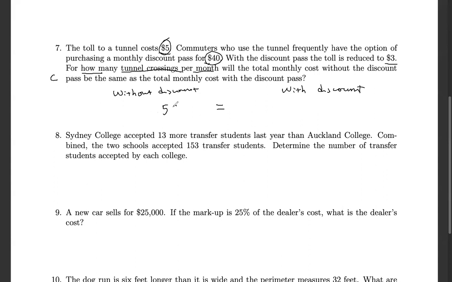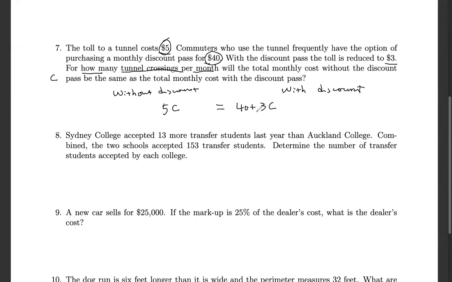So that would be 5 times C, your monthly cost, right? Because each time you pay $5, and for C many times you cross the tunnel, you pay 5C. With discount, first you pay $40 upfront. Then afterwards, you only have to pay $3 for each crossing. So total, you just multiply 3 with C.